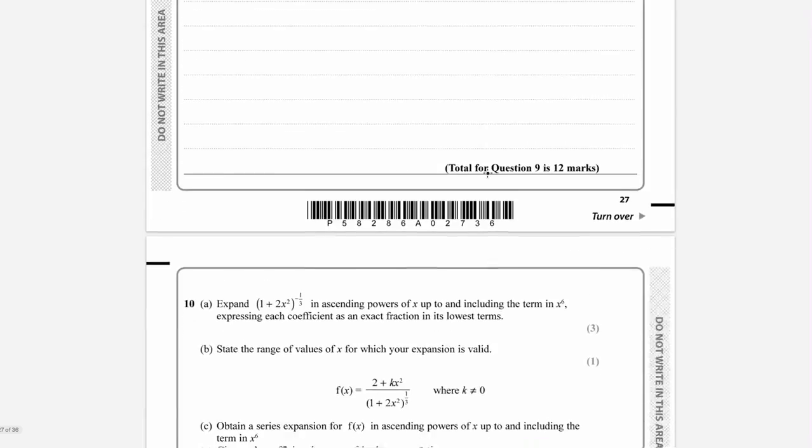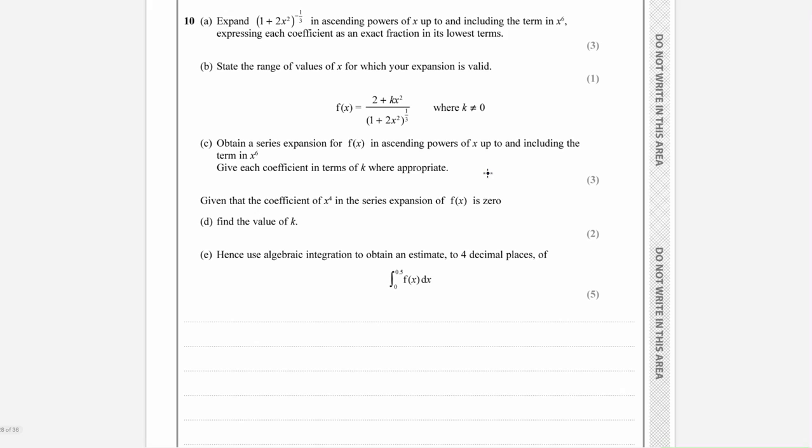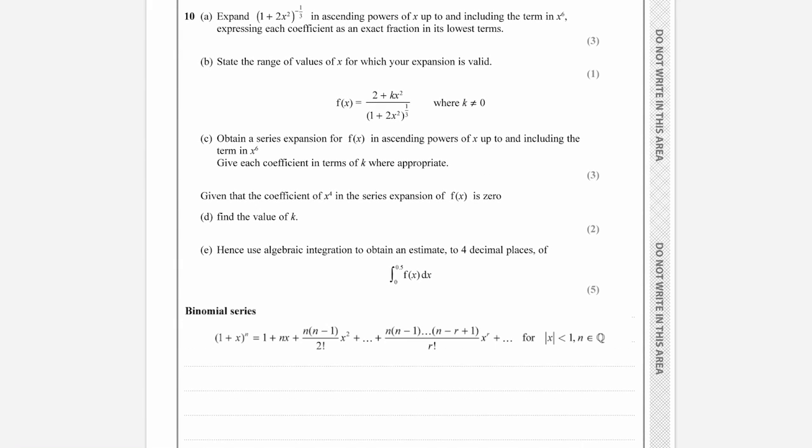Okay, question 10. So I just copied the formula from the formula sheet, guys. This is directly from the formula sheet at the start. So this is 1 plus x to the n. Now in our situation, the x becomes 2x squared, and it is to the minus a third.